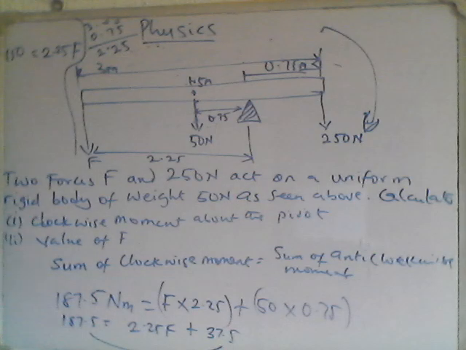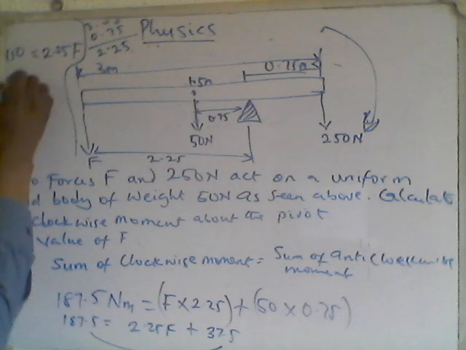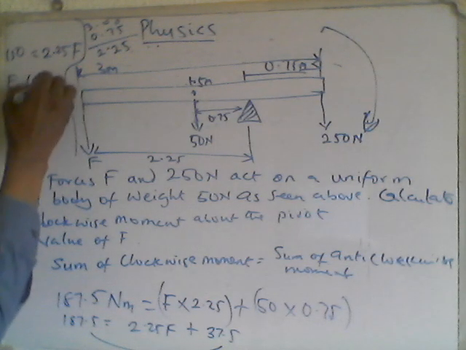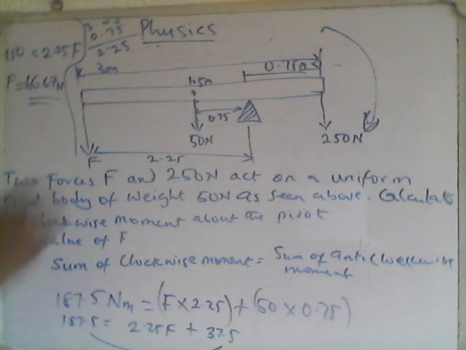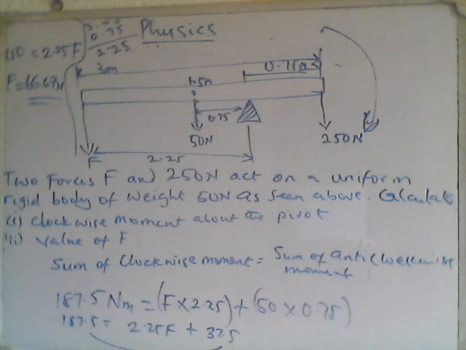So to get that answer, 150 divided by 2.25 will give me force equals 66.67 Newtons. So this F will be 66.67 Newtons. All right, so we'll go on to the next question.